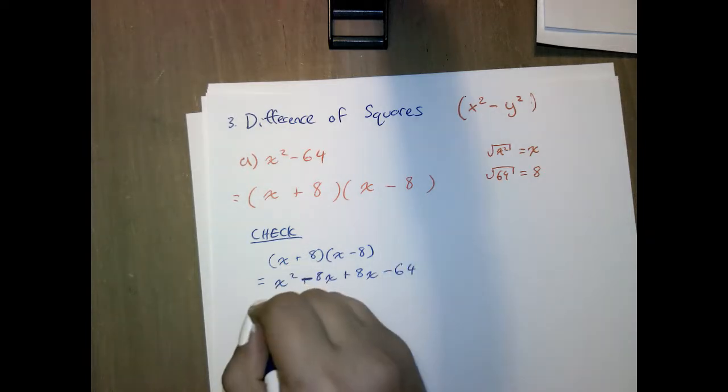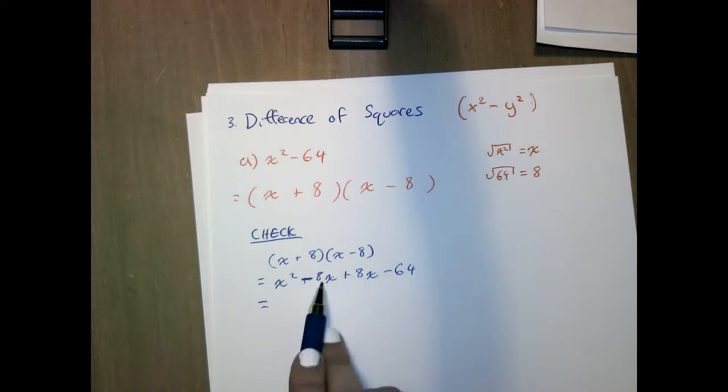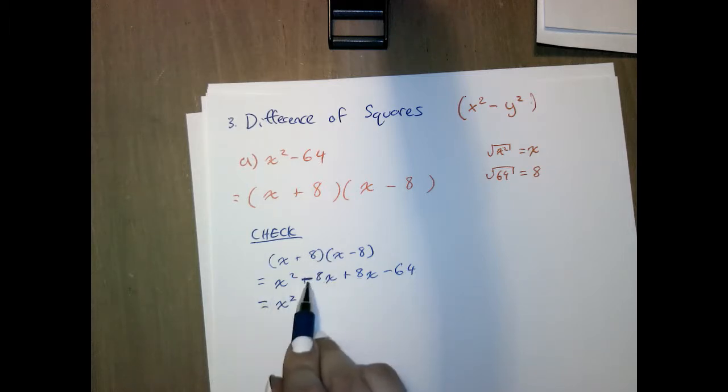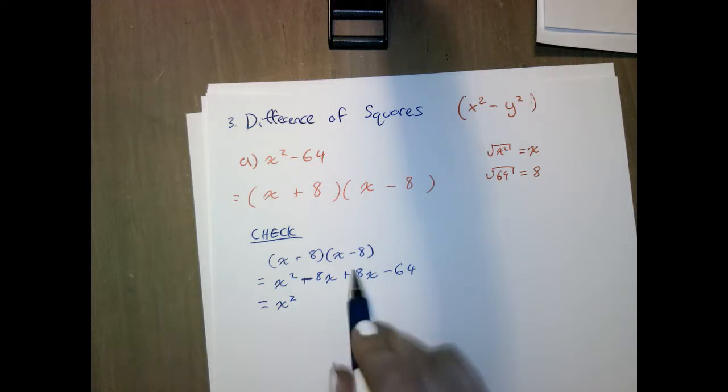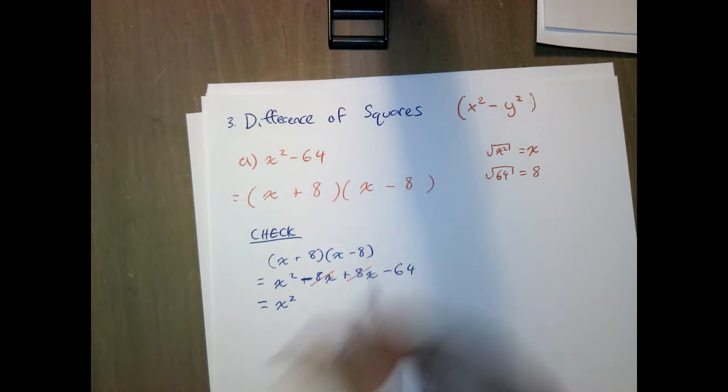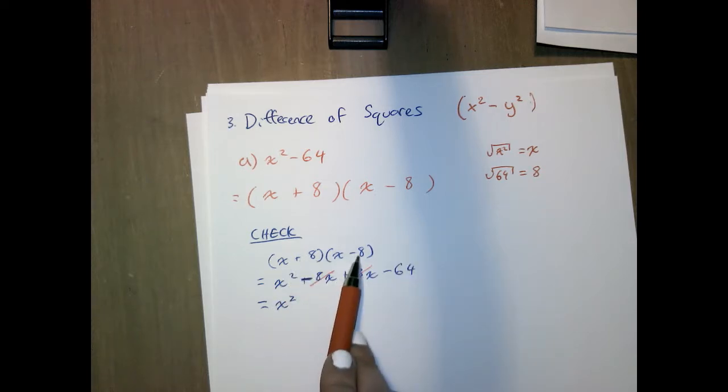When I'm collecting my like terms, I have this x squared here, and my negative 8x and my positive 8x cancel out because of the plus and the minus in the factored form.